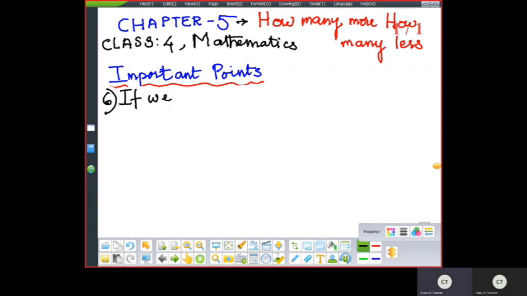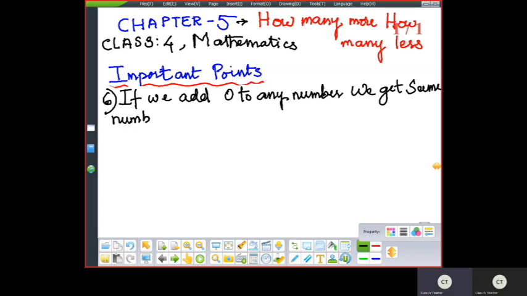If we add 0 to any number, we get the same number, always. Do you want me to give an example, children? So let us understand with an example. Same number or the number itself.